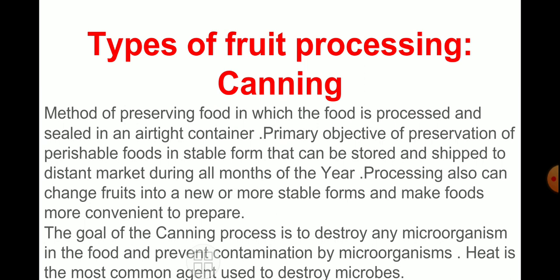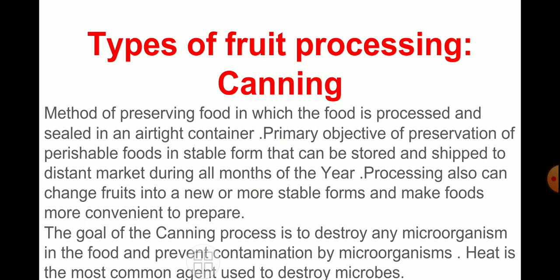Cans, that is the name of the container, we say the can. Whenever canning methodology is used, we know the main objective of canning as a food processing methodology is to keep the processed fruits in a stable form.